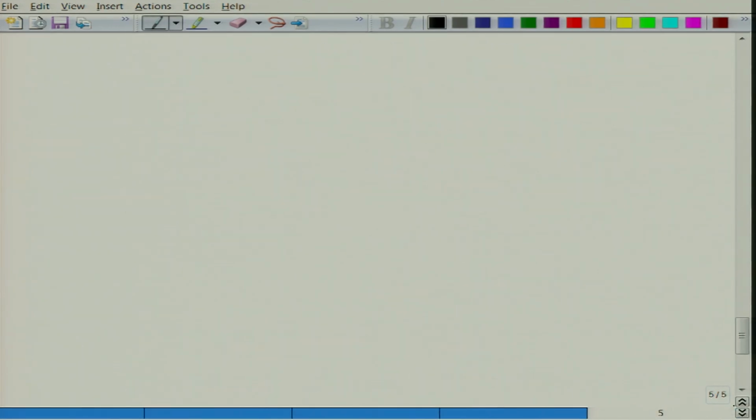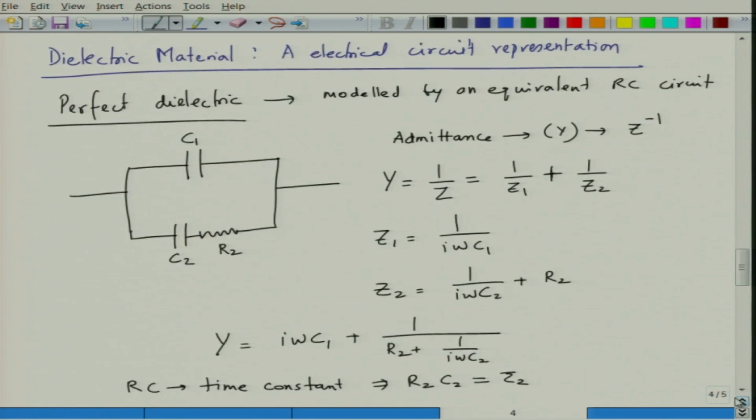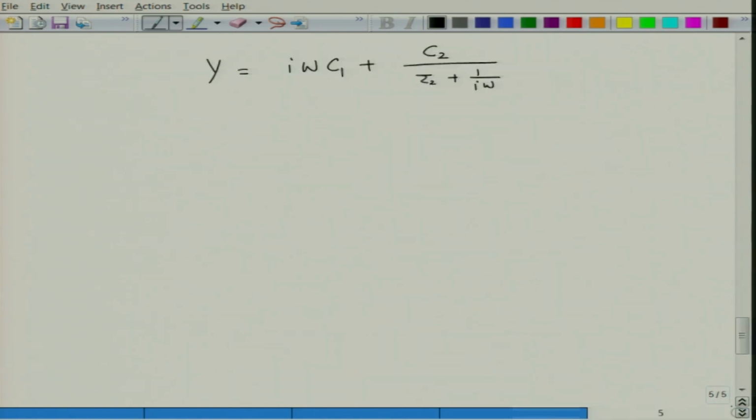Again we can express the admittance as Y equals i omega C1 plus C2 divided by tau 2 plus 1 over i omega. Okay. So, let us see what we have done. We have taken C2 R2, removed C from here, and taken C on top. So, this will become like this.